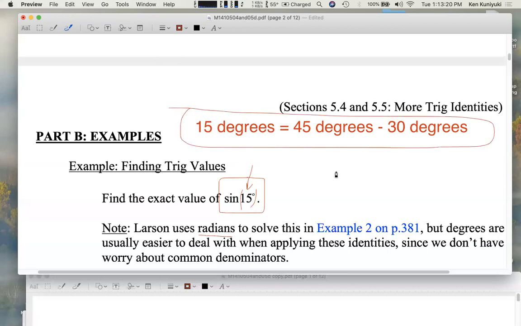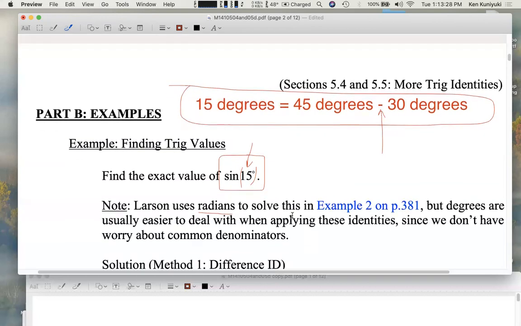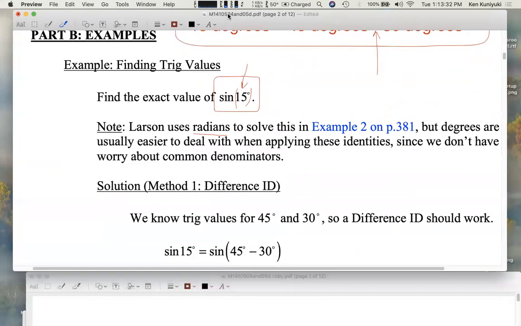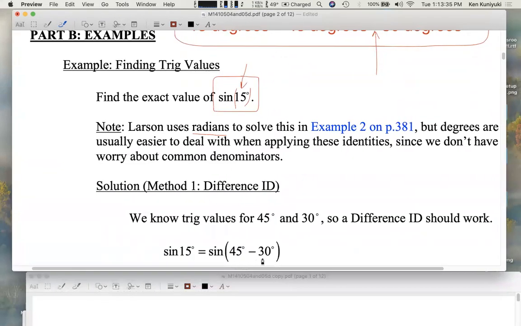Which implies that we might be able to use a difference identity because of the subtraction there. So we're going to express sine of 15 degrees as sine of the quantity 45 degrees minus 30 degrees, this difference of two special angles.